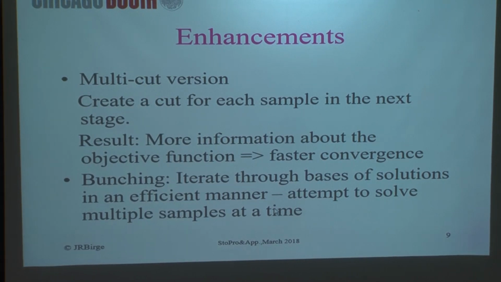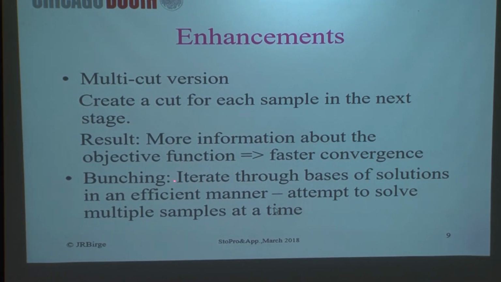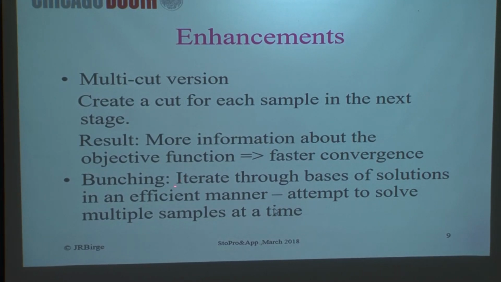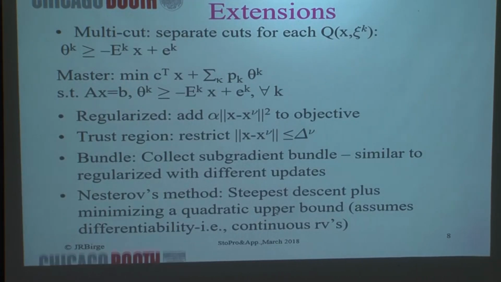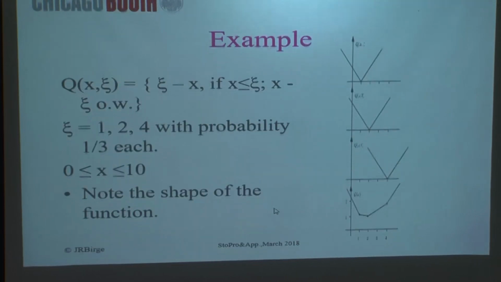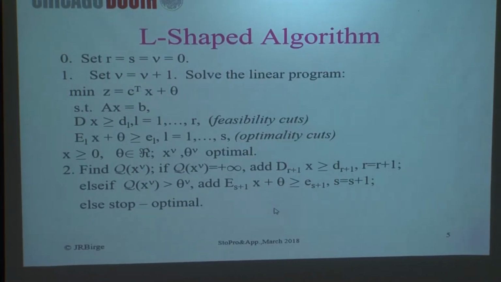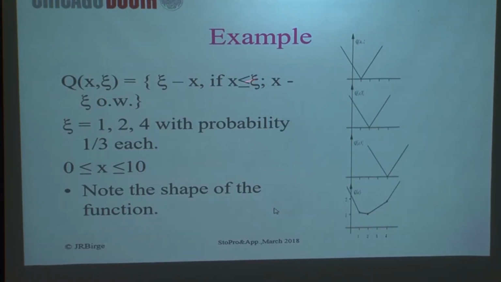The other thing that can make these go faster is that you use solutions from one subproblem to help you solve others. So in other words, once you solve one problem, let me go back here. Look at it here.